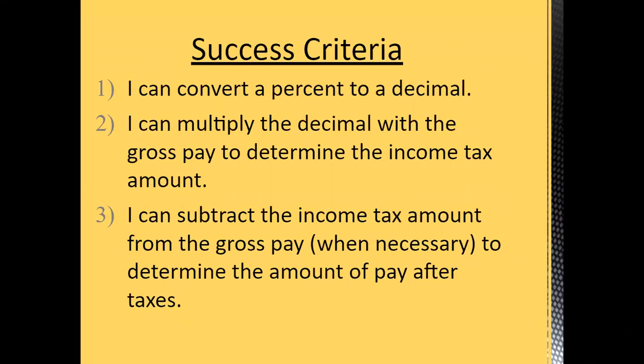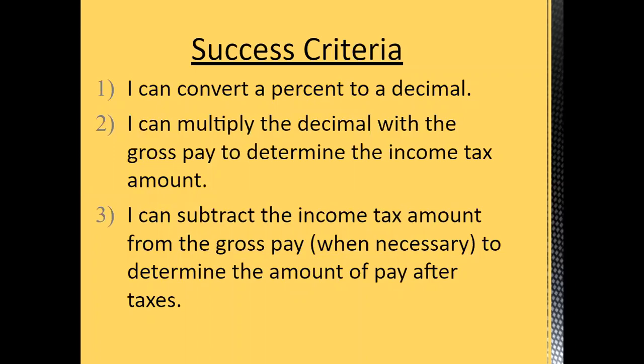Now, the success criteria basically pinpoints how we know that we're achieving the objective. And you will know that you're achieving the objective and that you're on track when you can convert a percent to a decimal, when you can multiply the decimal with the gross pay to determine the income tax amount.